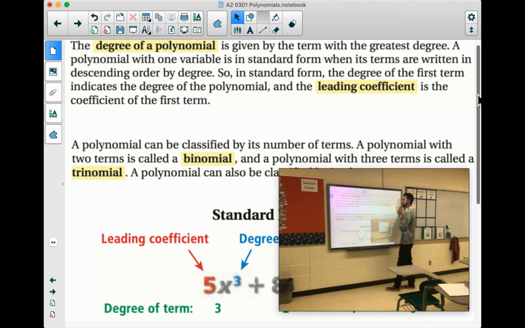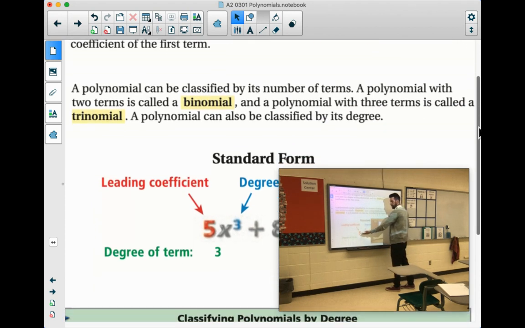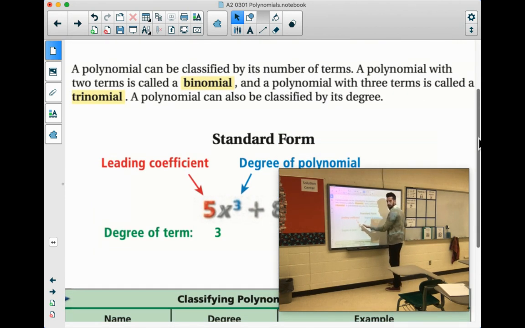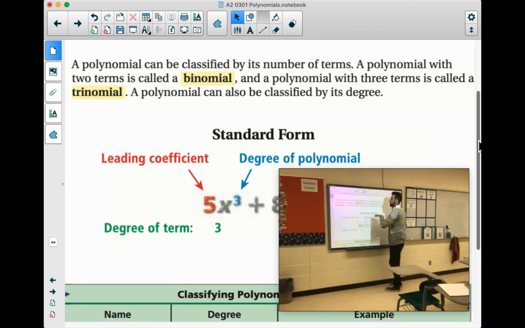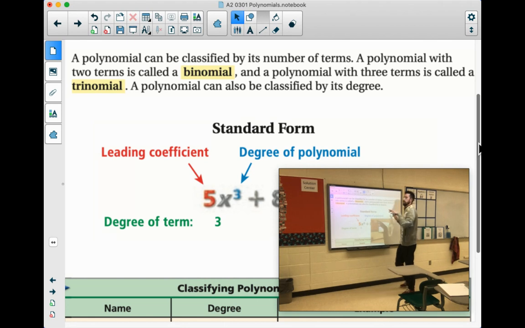The leading coefficient is the number right in front of the highest degree monomial in your set. If it's a polynomial with two monomials, we call that a binomial. And if it's got 3, it's a trinomial, right? Like a bicycle has 2 wheels, a tricycle has 3 wheels.